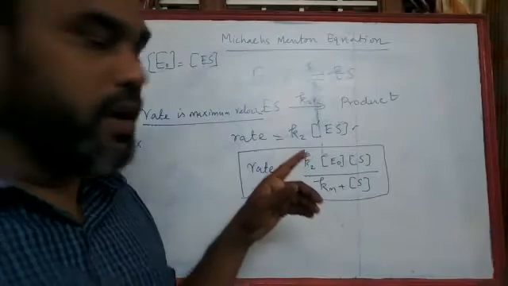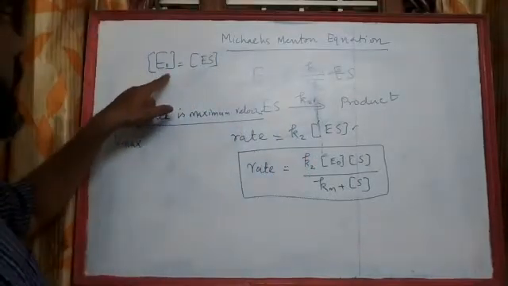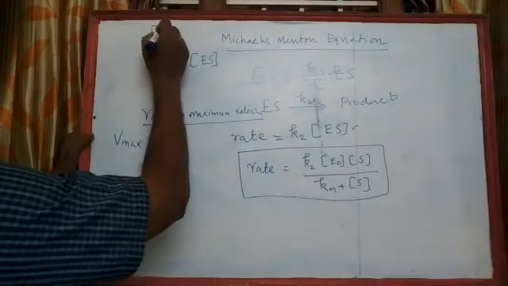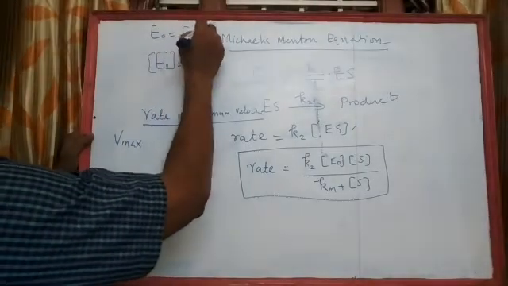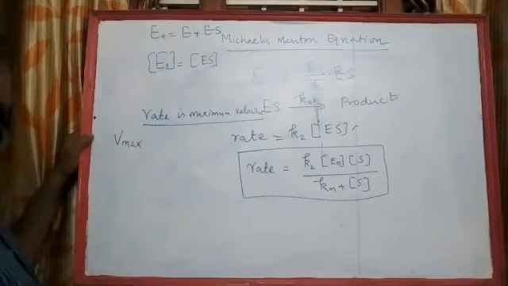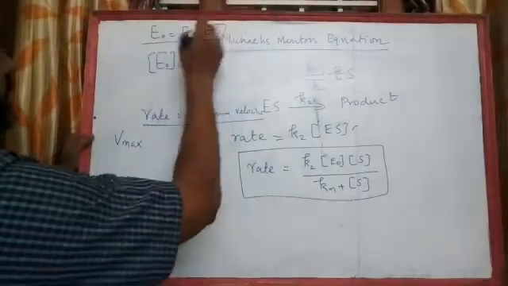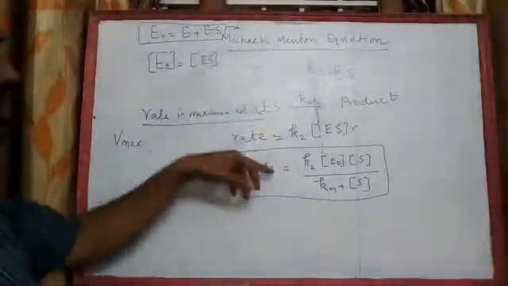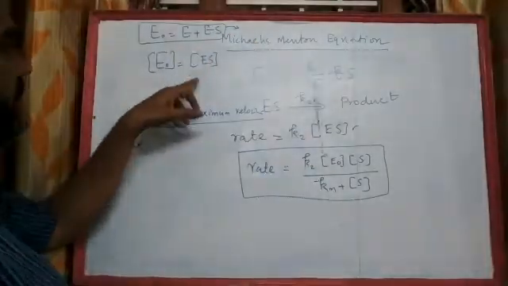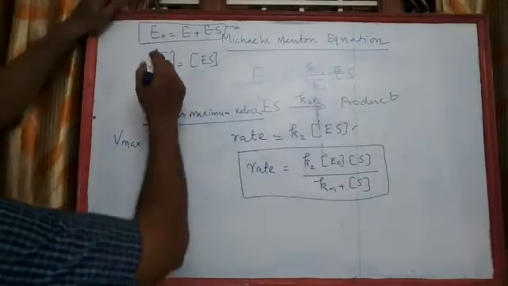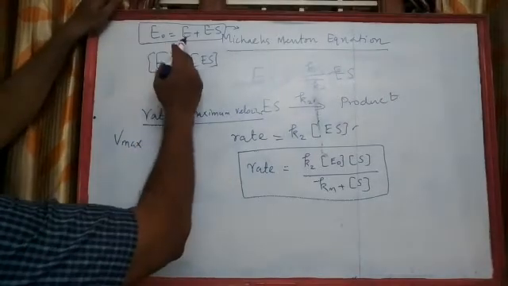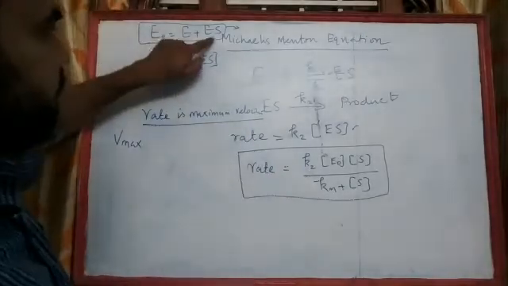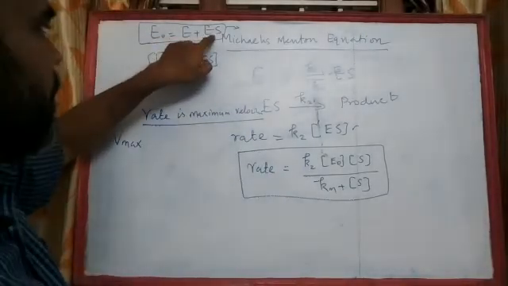The total enzyme concentration E0 is equal to ES. We have already derived E0 is equal to E plus ES, which we substituted in an in-between step. E0 is the total enzyme concentration, E is the free enzyme available for further reaction, and ES is the enzyme substrate complex.